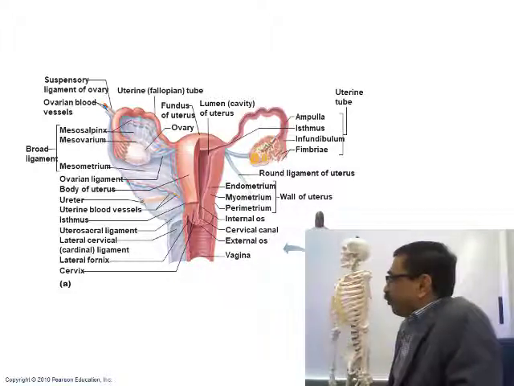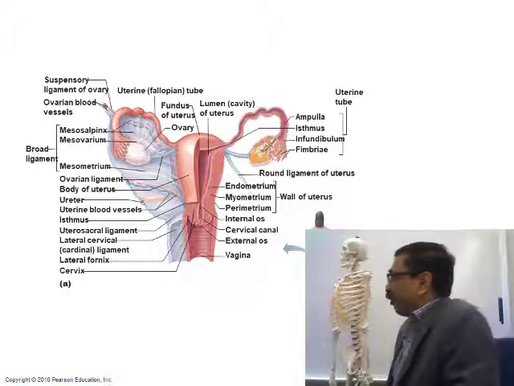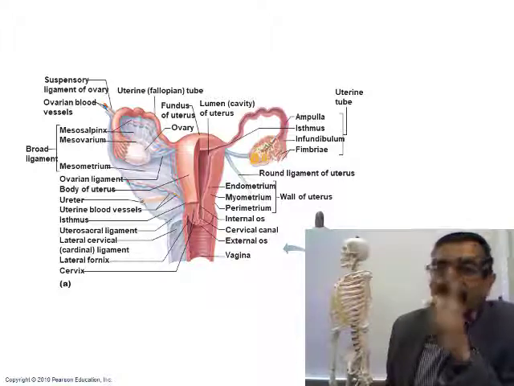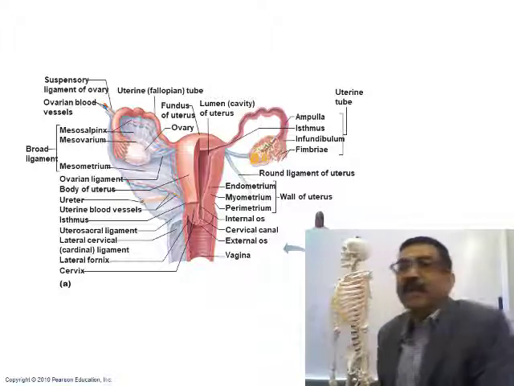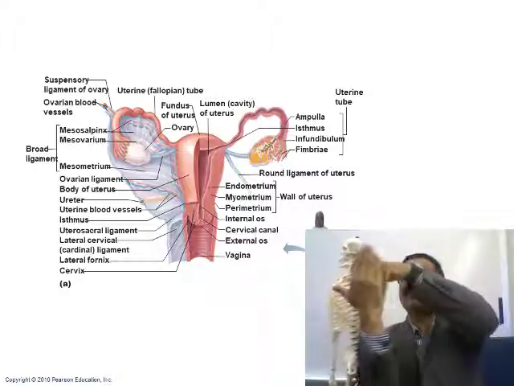Another ligament, you see on the right side they have shown the round ligament. The round ligament attaches the uterus to the labium majus, at the back or posterior wall of the labia majora.